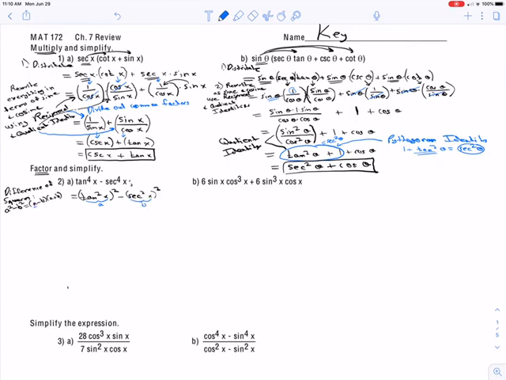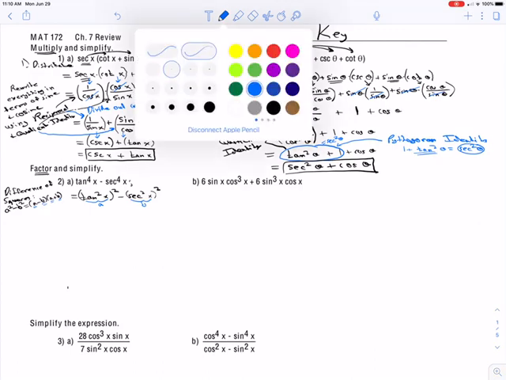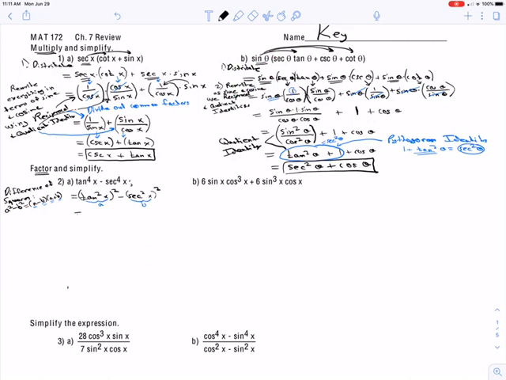So again, A minus B, A plus B. As we factor, A minus B is tan squared x minus secant squared x, times A plus B, which is tan squared x plus secant squared x.